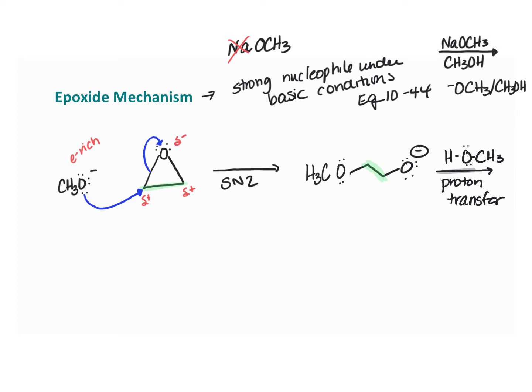Most of the time when you do a reaction like this, you choose your solvent to be the conjugate acid or the conjugate base of what you're using. It helps reduce any byproducts that you have. Okay, so these electrons come here, they steal the proton, these electrons go on the oxygen, and now we have our product.